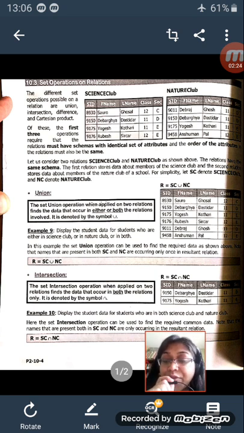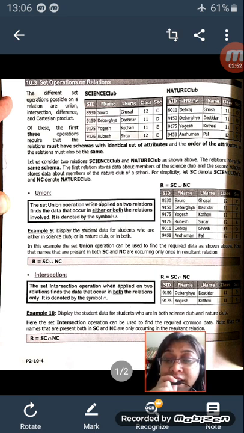So in union, we will get a relation which takes the combination of the two relations' data, whether the data are common or not. In union we get all the data from two different relations. You can see there are two relations, science club and nature club.